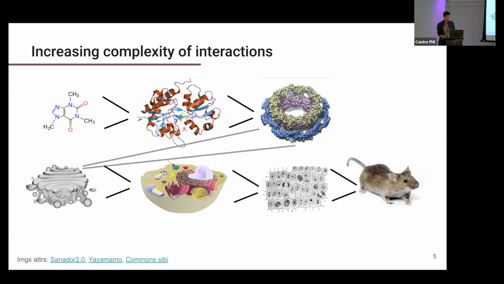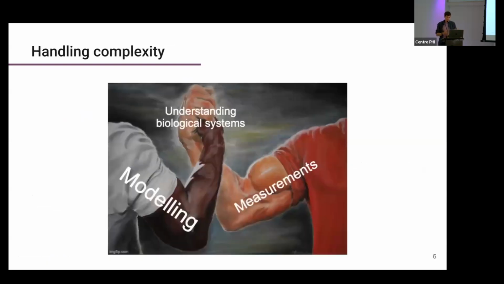But as you go into protein-protein interactions, making up organelles, cells, tissues, and organisms, it becomes absolutely unfeasible from first principles up. We move into a new regime where we're combining assays, measurements of what's going on in the biological system, with modeling to get the best downstream results in terms of understanding biological systems, predicting how they're going to behave, etc.